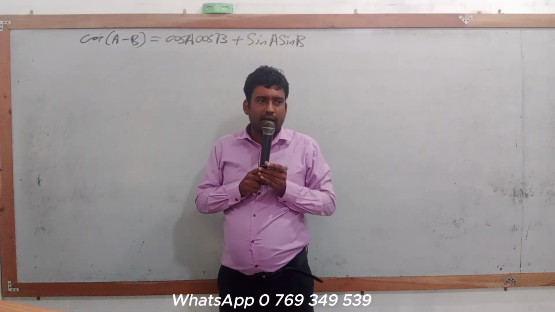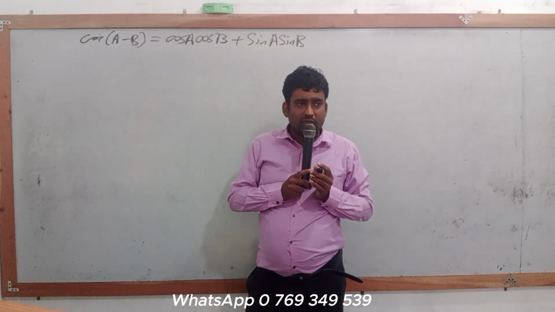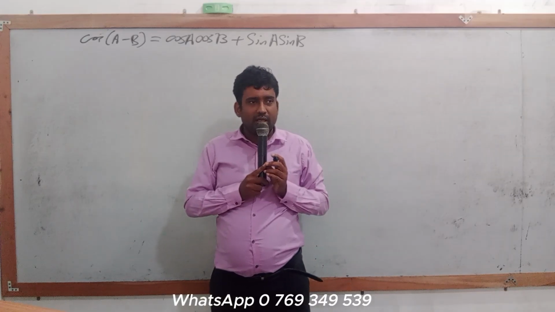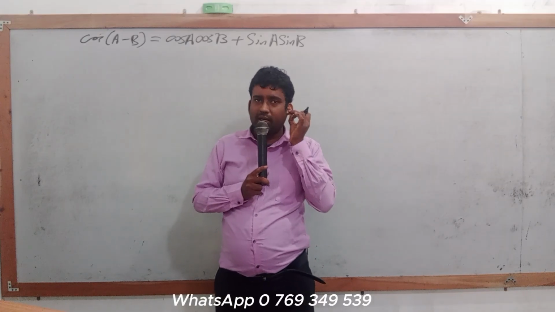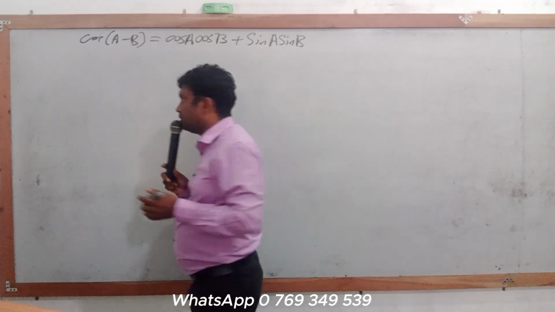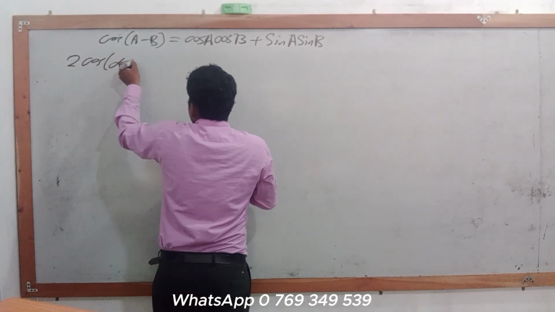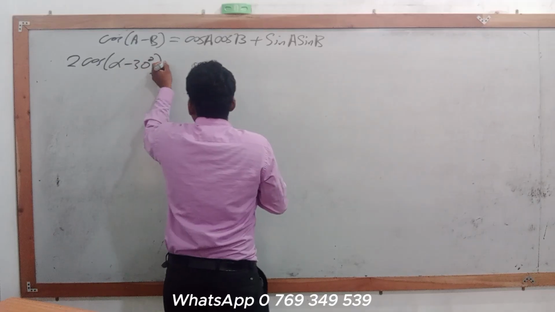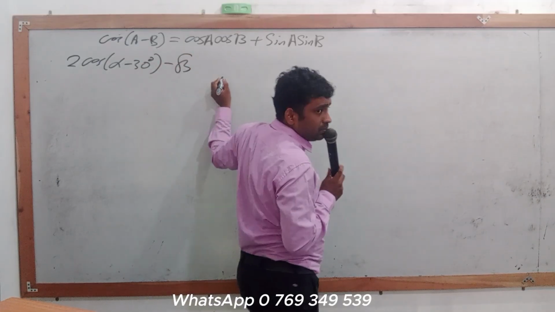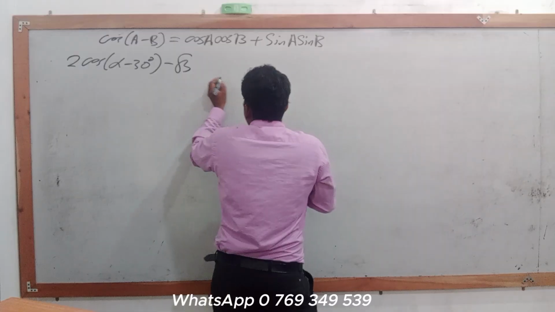Deduce that 2 cos(alpha minus 30) minus root 3 cos alpha equals sin alpha. We take the left hand side: 2 cos(alpha minus 30) minus root 3 cos alpha.